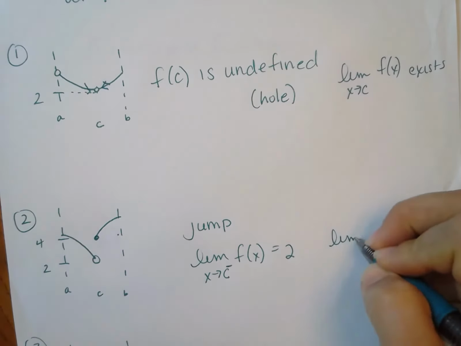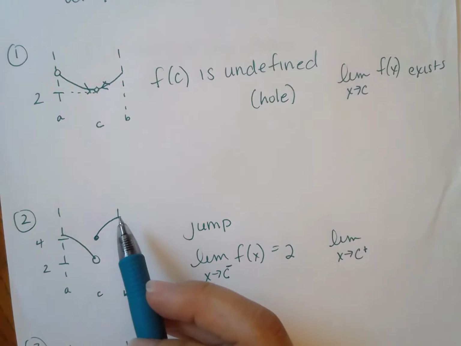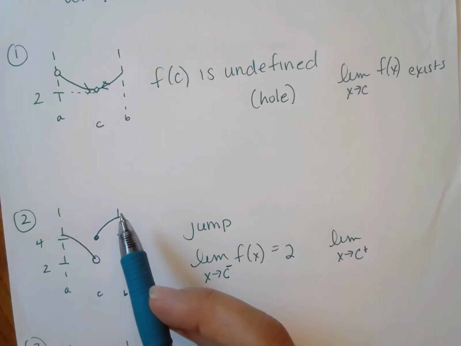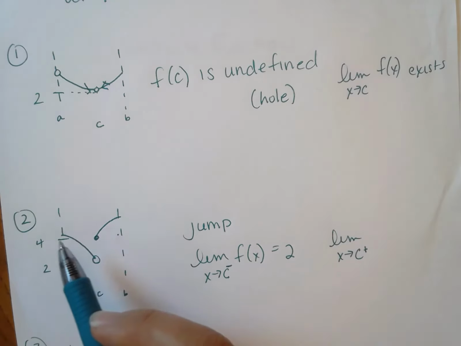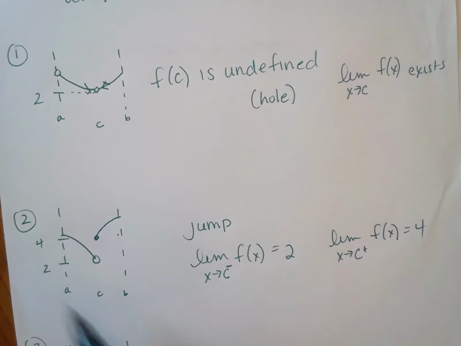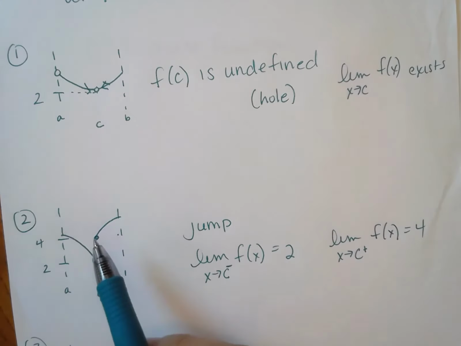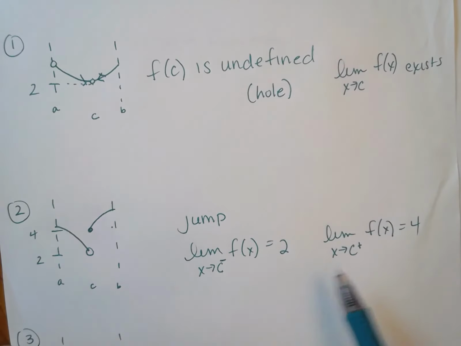And if I look at the limit as x approaches C from the right, then my graph is up here, and I've come down here, and my graph is approaching 4. So my right and left-hand graphs are approaching specific numbers, they're just not approaching the same number. And so the limits exist on each side, but the overall limit does not exist.